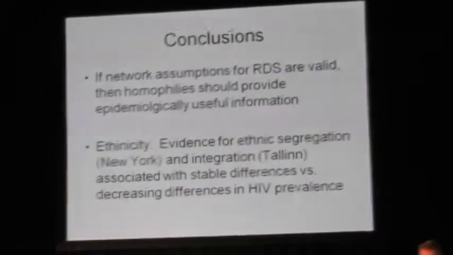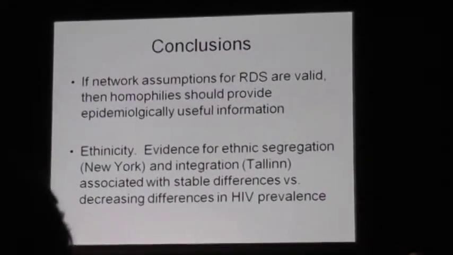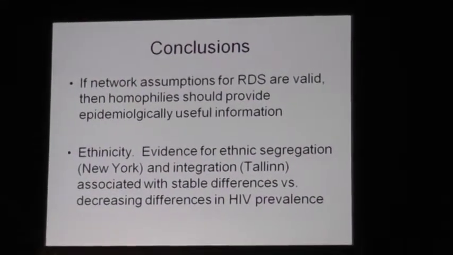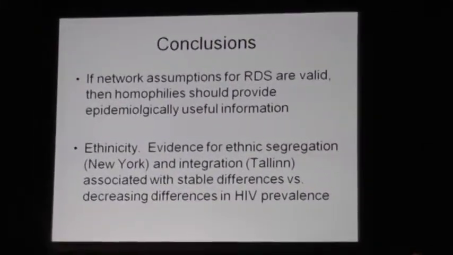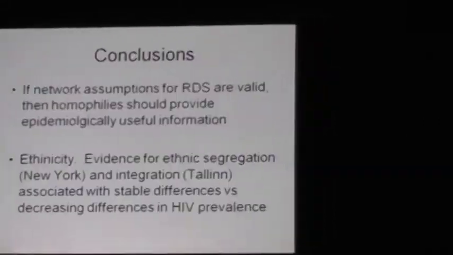In terms of conclusions, if the network assumptions for RDS are valid, then homophily should provide epidemiologically useful information. For ethnicity, there was evidence for ethnic segregation in New York, consistent with stable differences in HIV prevalence. In Tallinn, there was evidence for increasing integration of the 2 ethnic groups that was consistent with decreasing differences in HIV prevalence.